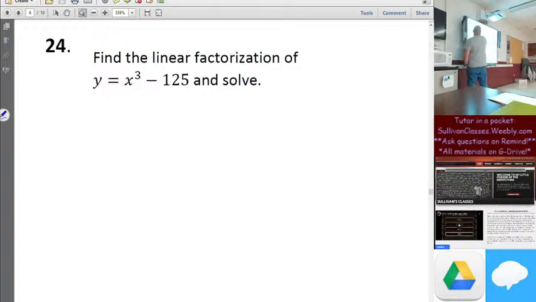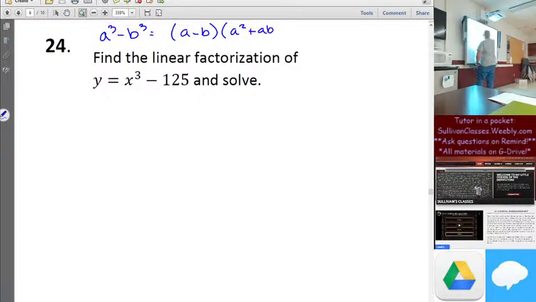The difference of cubes says if I have a cubed minus b cubed, it factors into a minus b times a squared plus ab plus b squared.